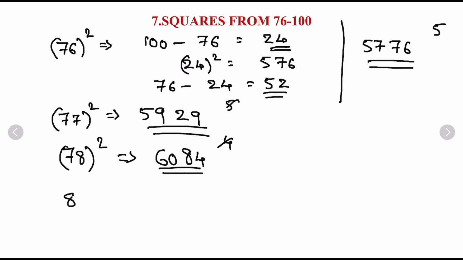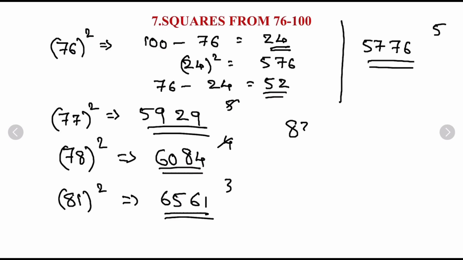If it is 81 square, how much less than 100? 19. 19 square, 361. 3 carry forward. 81 minus 19. So 62. 62 plus 3, 65. 83 square, I need to calculate.